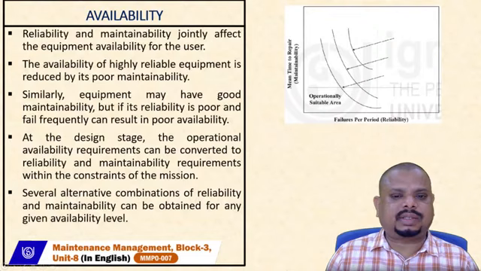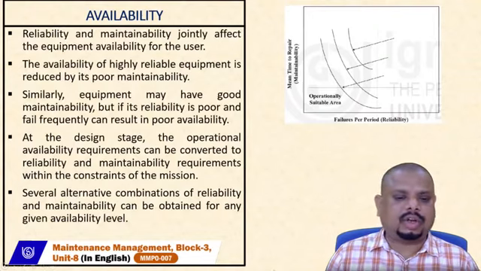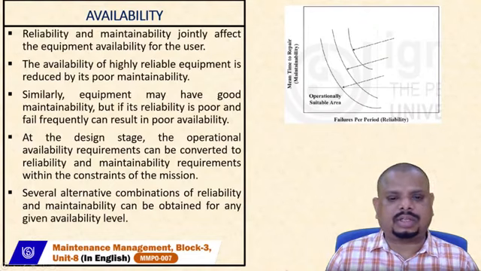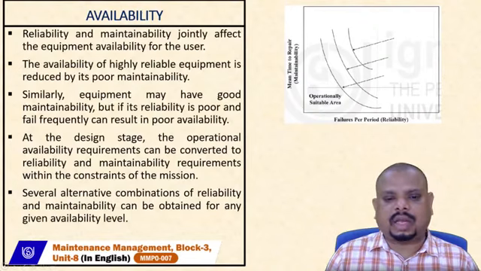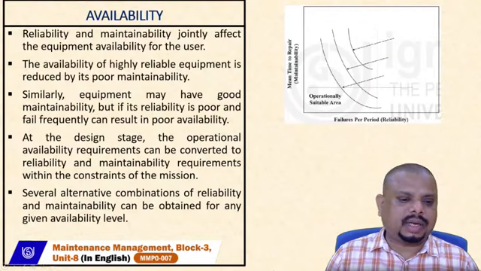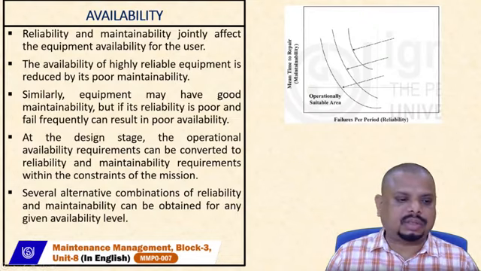If I go for 3-axis CNC machines, the operational availability requirement can convert into reliability and maintenance requirements. Suppose you use the CNC machines for a longer amount of time, more than 5 years, 6 years, or even 10 years. If you use a longer lifespan, it converts into reliability and maintainability requirements. That means you have to implement preventive maintenance, proactive maintenance, or corrective maintenance, so that within the constraints you can achieve the missions of that particular machine.